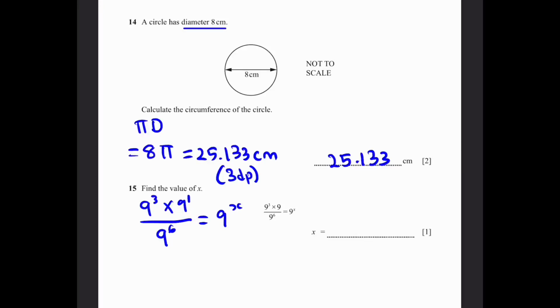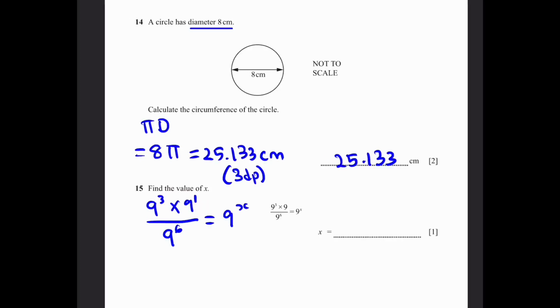Using power rules, when you multiply two numbers with the same base, you will always need to add the powers of the numbers. 9 to the power 3 multiplied by 9 to the power 1 equals 9 to the power 3 plus 1, which is equal to 9 to the power 4.